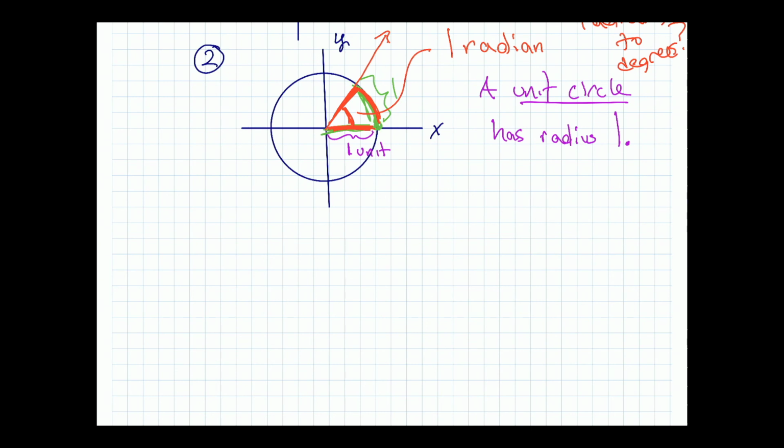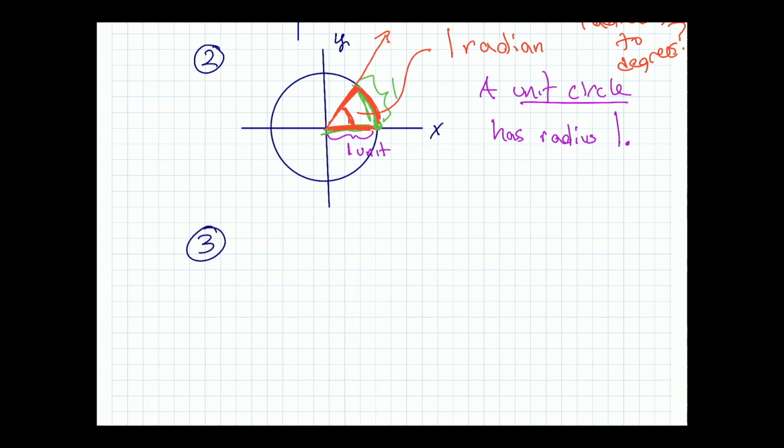So hold on a second here. Let me think what I want to do. Nope, can't think of what I wanted to do. So what we're going to do instead is I'm just going to give you the conversion factor.